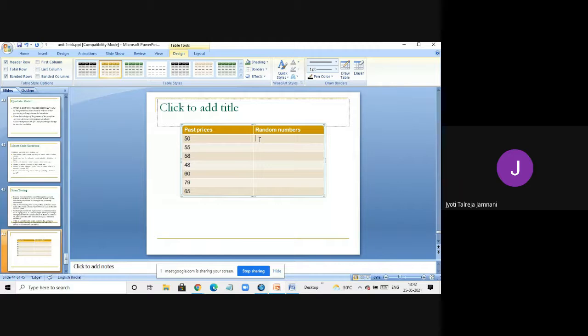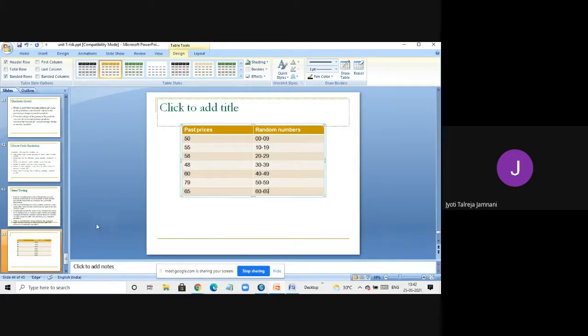Now the random numbers 0 to 9 are for the price 50, then 10 to 19, then 20 to 29, 30 to 39, 40 to 49, 50 to 59, 60 to 69, like this till 99 we have to do. So some more prices can be added.